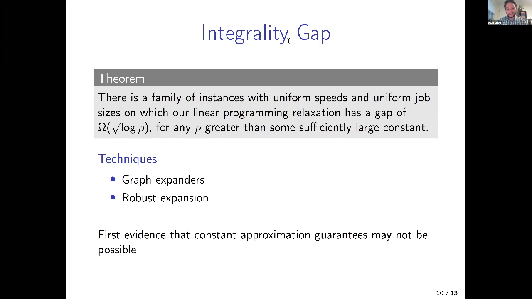Basically, after removing edges, the graph isn't random anymore. But we show that we can still exploit some properties of the original randomness to derive the theorem. We call this property robust expansion, and it's the basis for this integrality gap result. And this theorem provides the first evidence that constant approximation guarantees might not be tractable with known techniques.